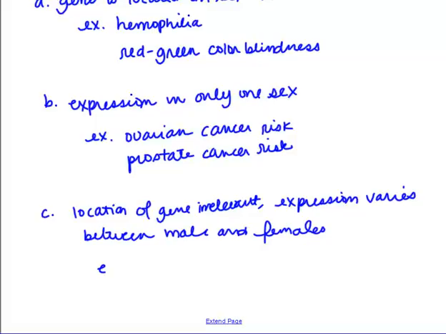And two good examples of this are breast cancer risk, because it's certainly true that males can get breast cancer, it's just a lot more common in females. And another one is male pattern baldness, which you've learned about in the theory video.